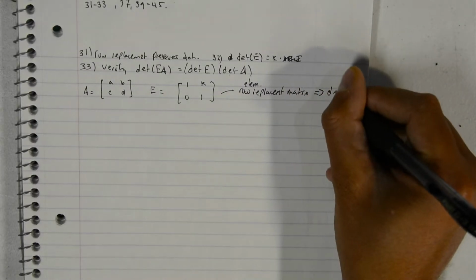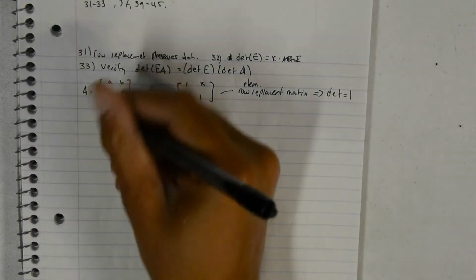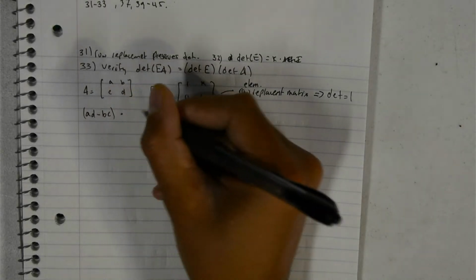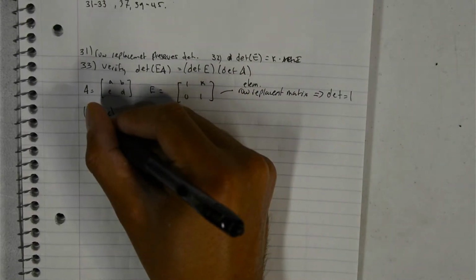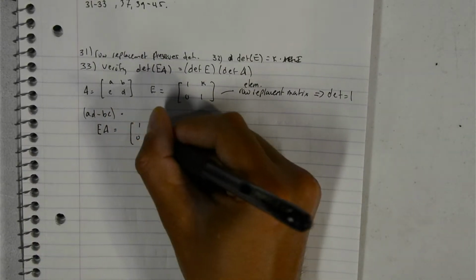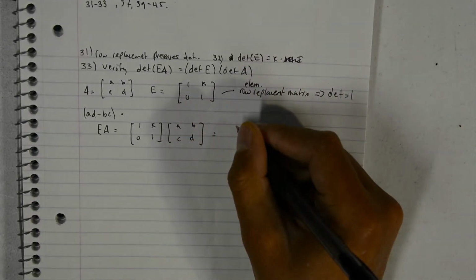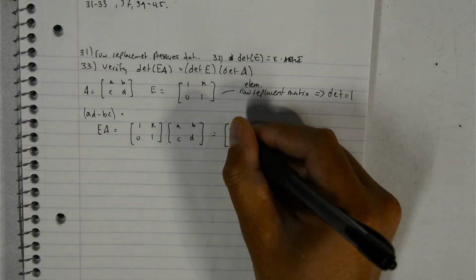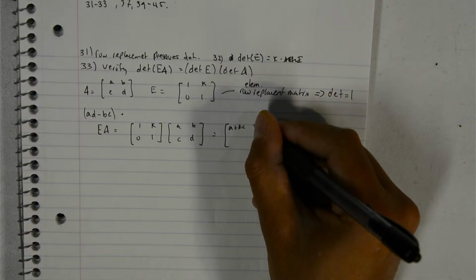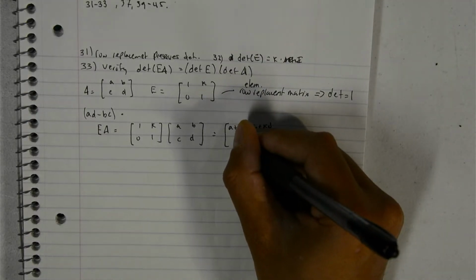Therefore det E equals 1. Can you see everything okay? Good. So det A is going to be AD minus BC. Now let's compute E times A, which is 1 K 0 1 times A B C D. So we're going to get A plus KC, B plus KD, C, D.